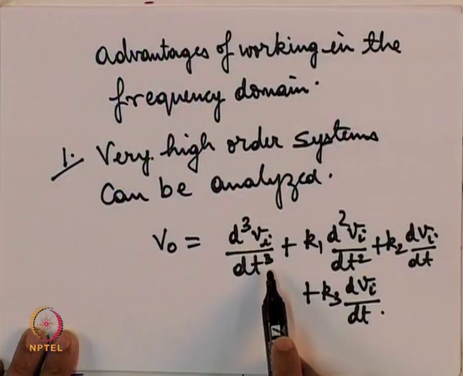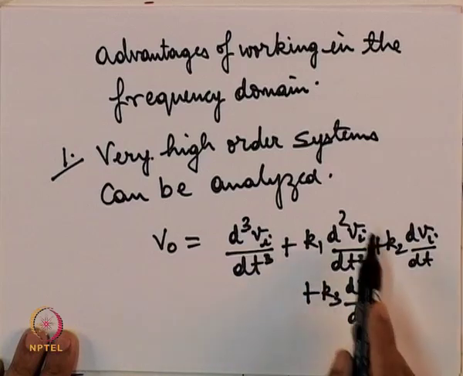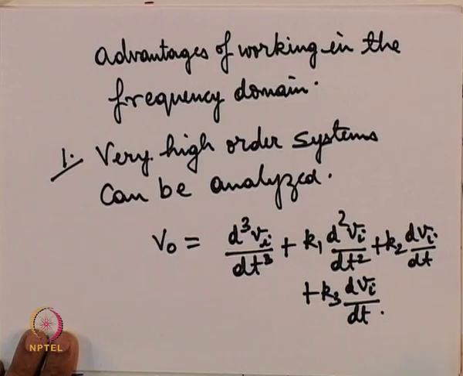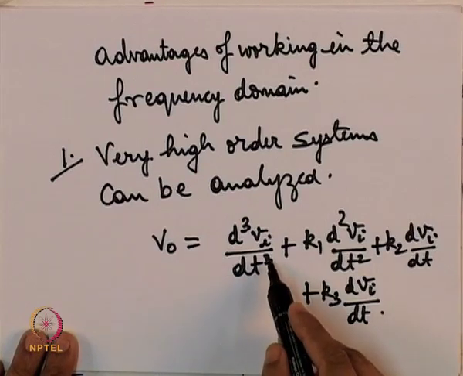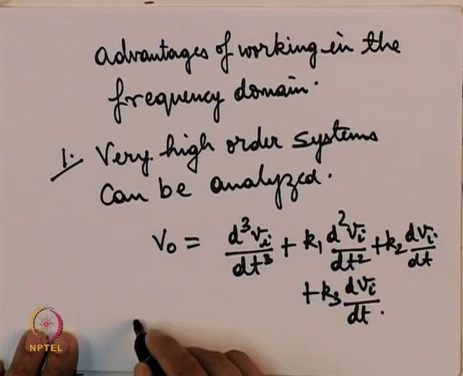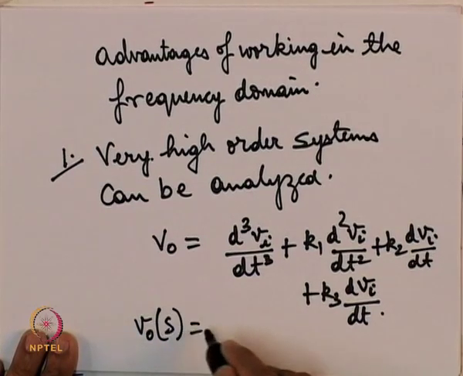So, in the time domain, as you can see, if we had tried to analyze the system in the time domain, we would have to find out the solution of this complex differential equation, whereas in the frequency domain, this entire input and output relationship is reduced to a simple polynomial.